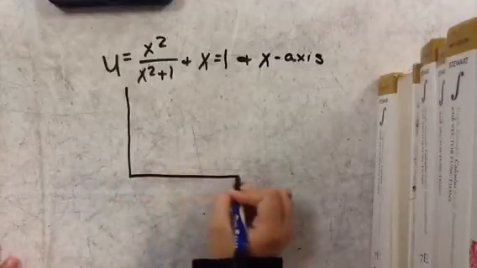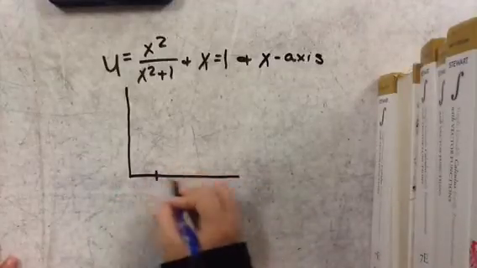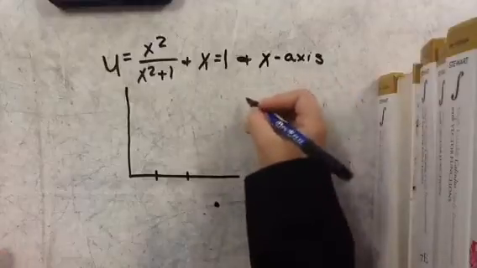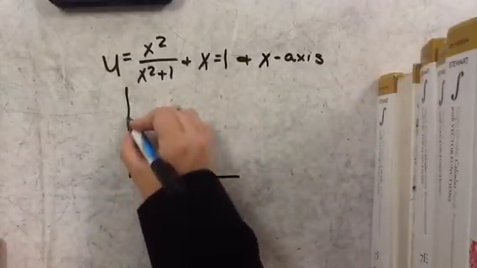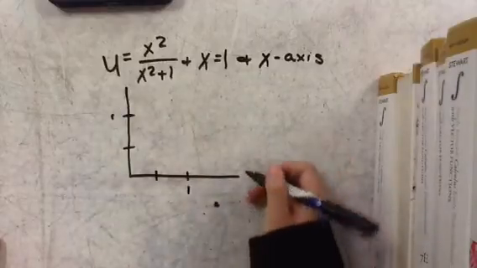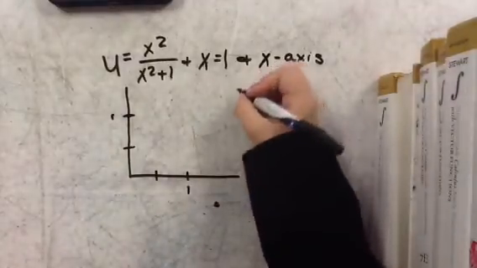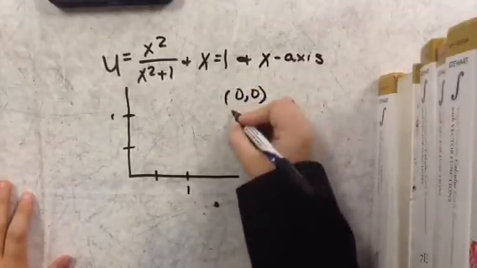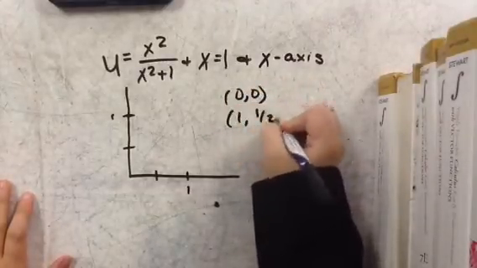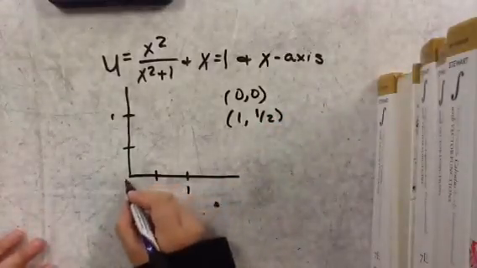So now we're just going to draw the graph, and we want to pick a couple points. So I know that at x equals 0, it's 0, and at x equals 1, we have 1/2.